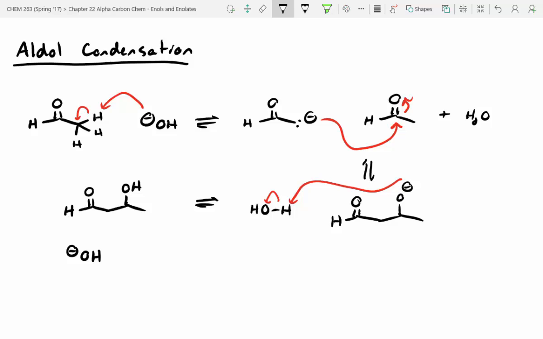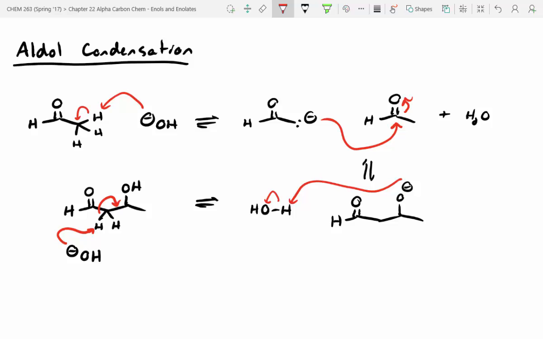Marcus brought up a good point before where he said there's still alpha protons available, right? So these alpha protons are more acidic than your average CH bond. So in a condensation reaction, what you're going to do is grab one of these protons.